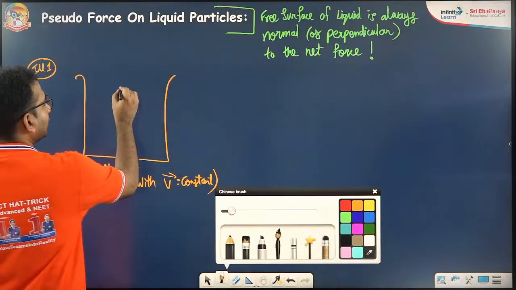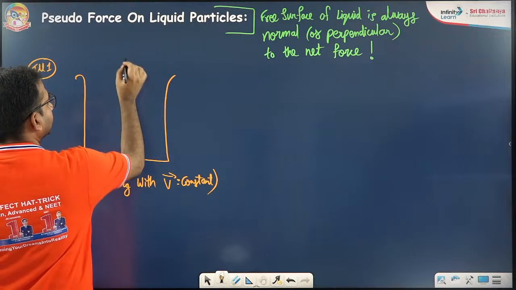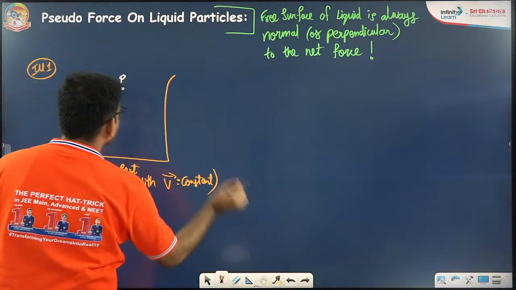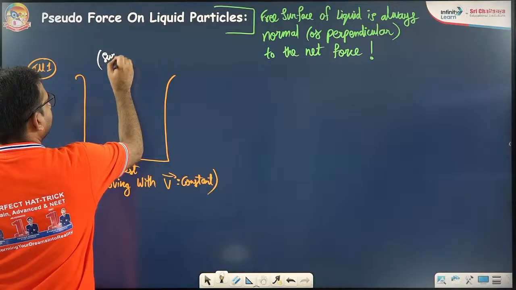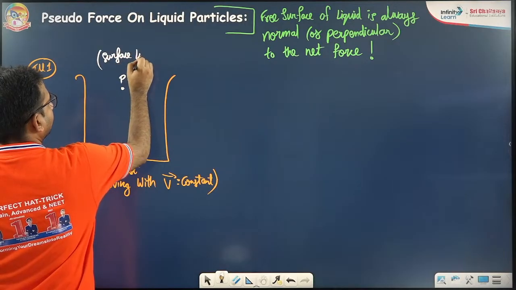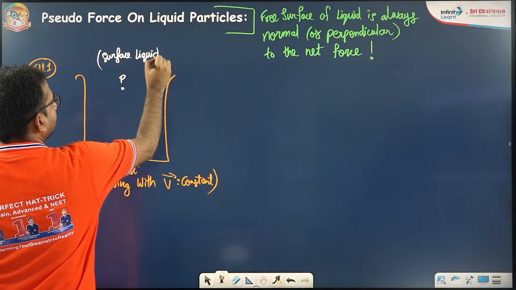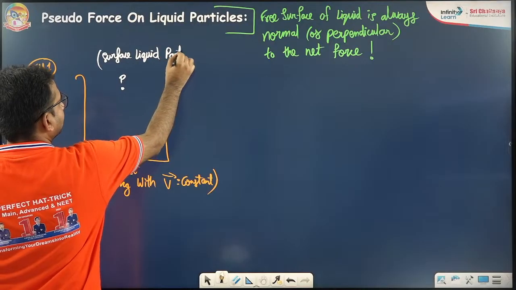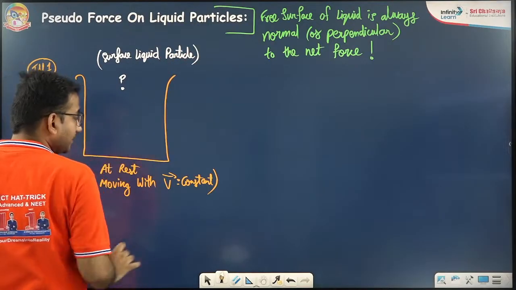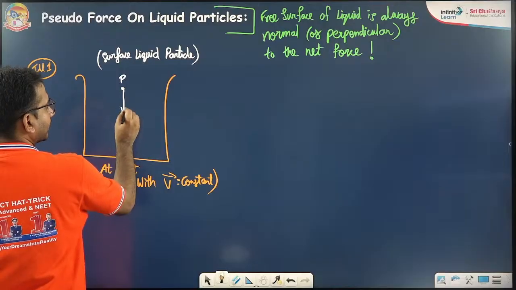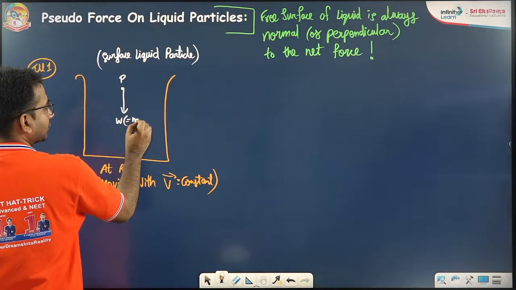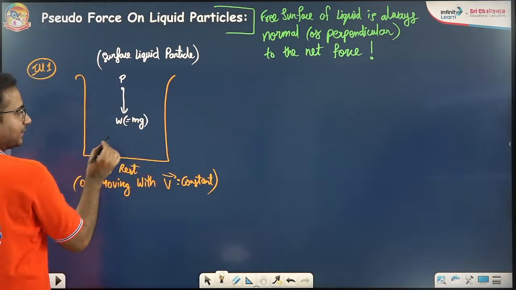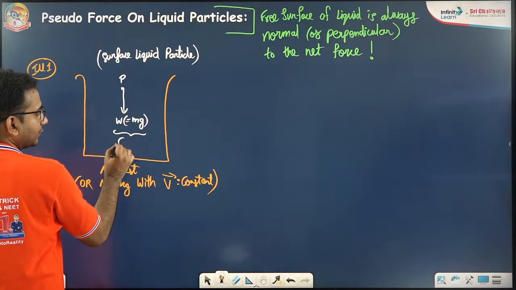If you consider a liquid particle P, a surface liquid particle, then this surface liquid particle is only experiencing one force, W equals mg.